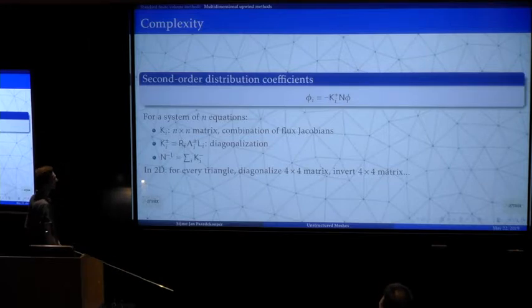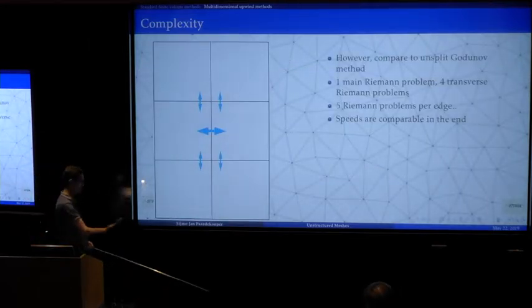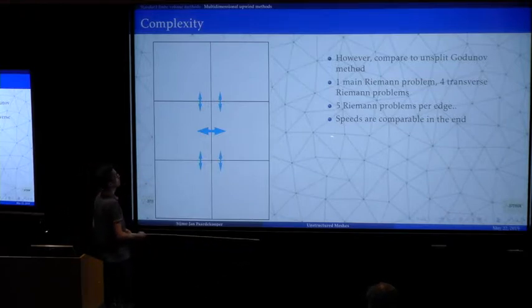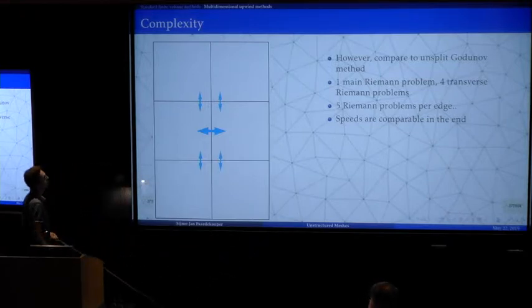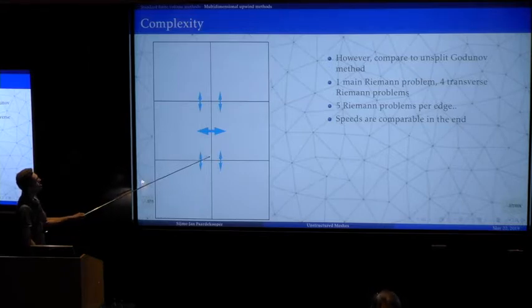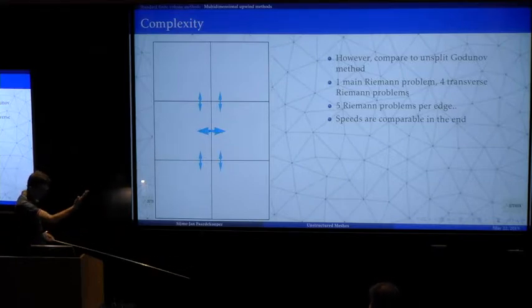So it's expensive. But if you compare that to what you have to do for a normal rectangular grid with a Riemann solver, if you consider the interaction between these two cells, what you first have to do is solve a Riemann problem between the two. But then you go into the multidimensional integration.